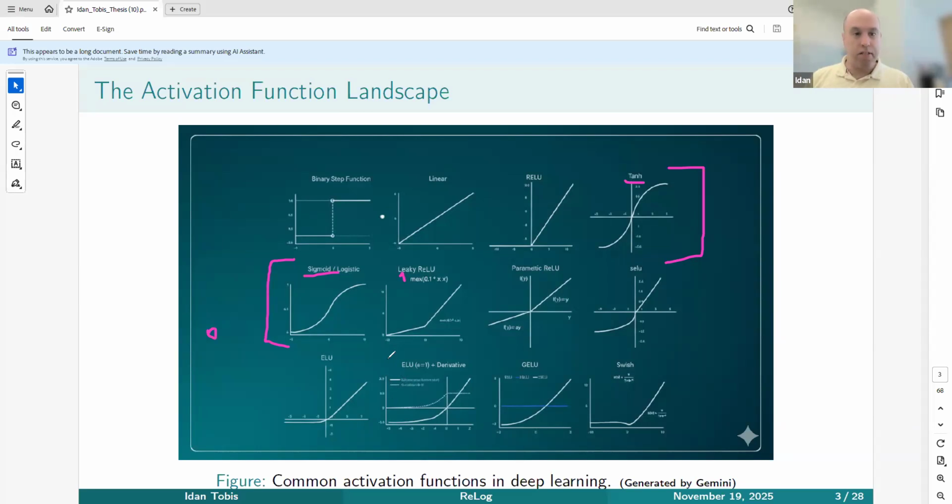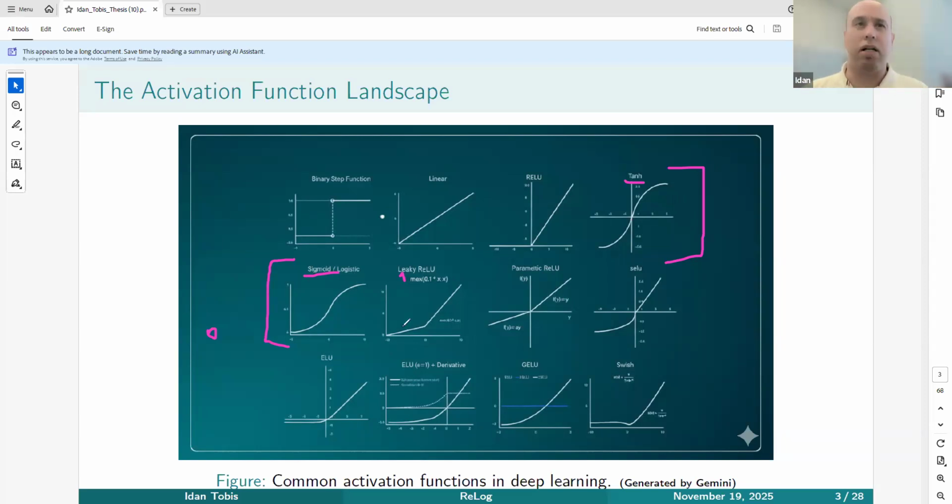So this is a probabilistic function. It compresses the axis into a probability of, let's say, a certain feature existing or not existing, or a certain classification of an image being correct or not correct. Okay, so sigmoid. Originally, the two main activation functions used until 2010 were sigmoid and the hyperbolic tangent.